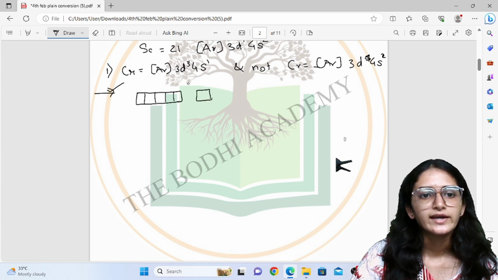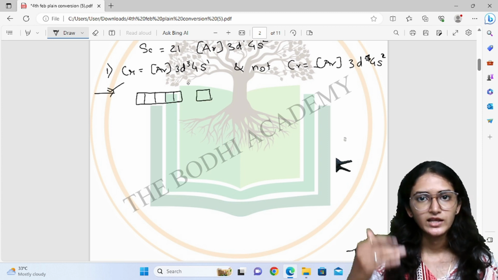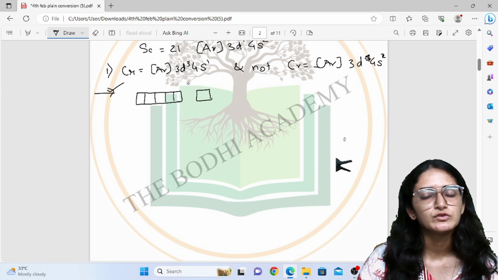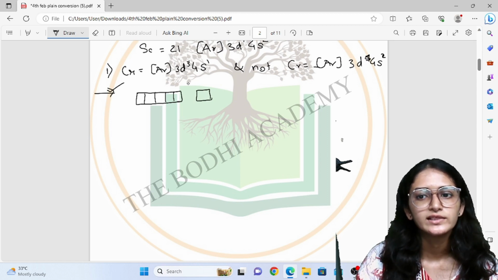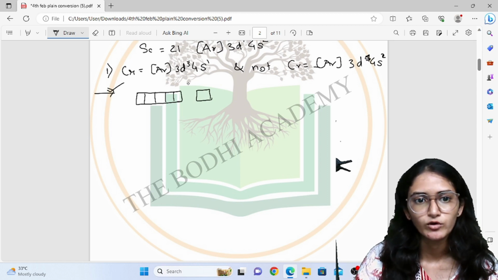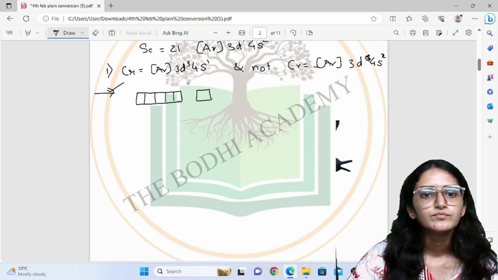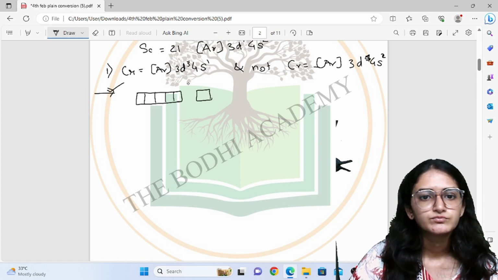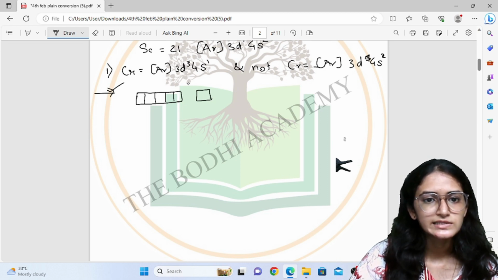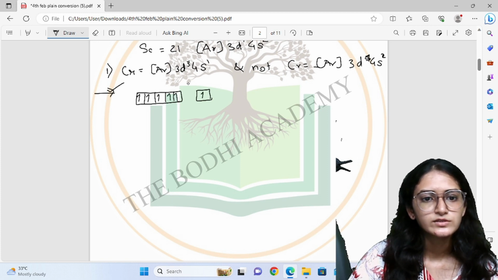If you go from scandium to zinc, all the elements have a filled 4s orbital, but here we have an incomplete s orbital. So the configuration looks like this: 1, 2, 3, 4, 5 and 4s1. This is 3d, this is 4s.